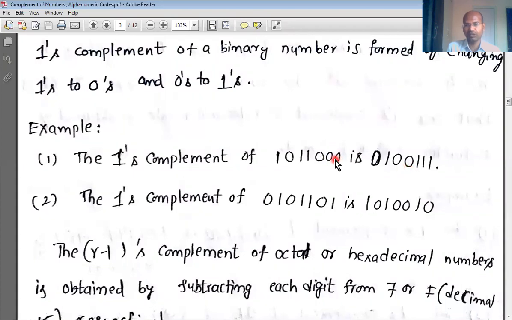So that result is nothing but the complement of the digit, meaning inversion. If you invert 0, you get 1. If you have a 1 and invert it, you get 0.